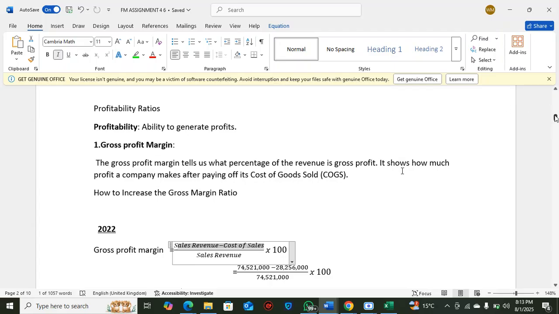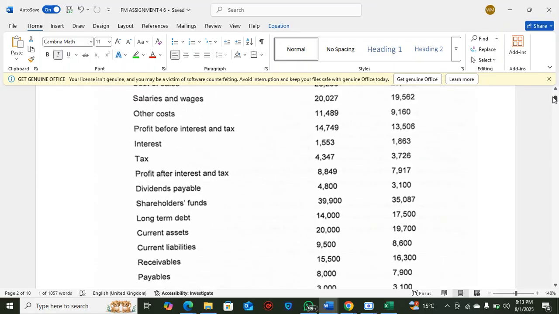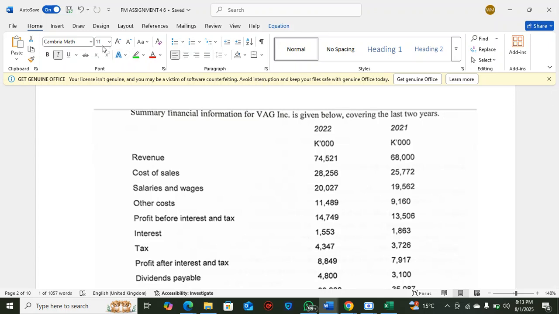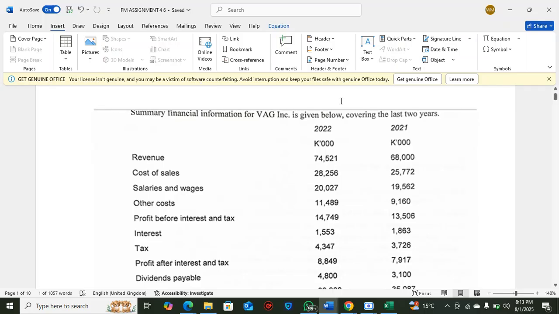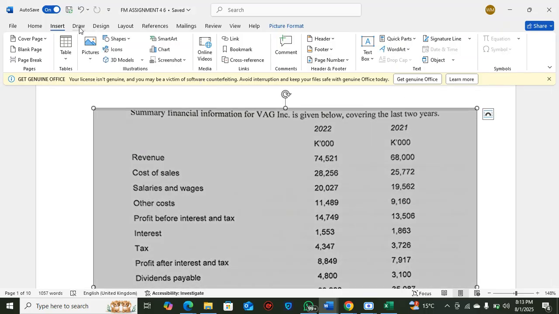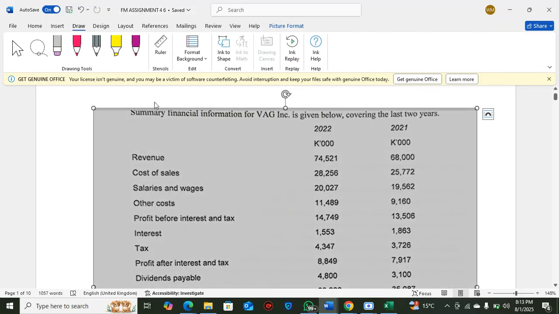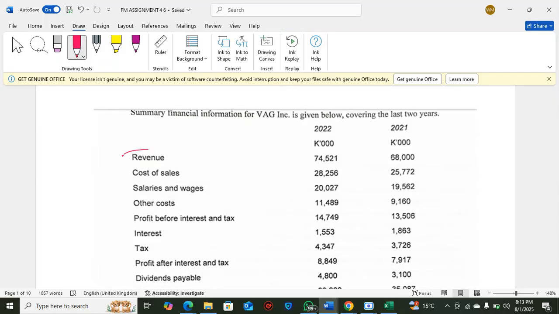So we come to our financial statement here to get our gross profit. It's our revenue minus cost of sales. That will give us our gross profit. We're going to compare for each, starting with 2022, then 2021.